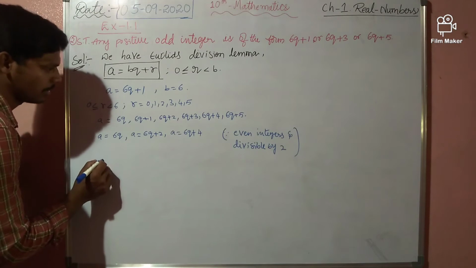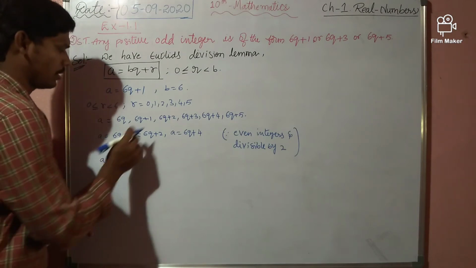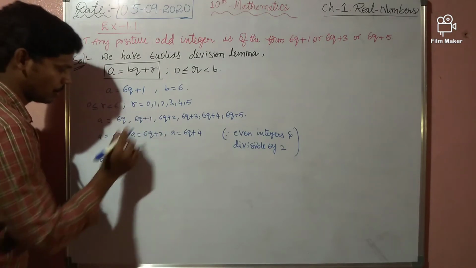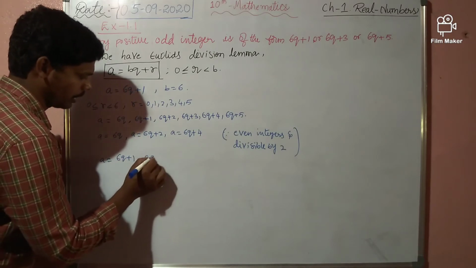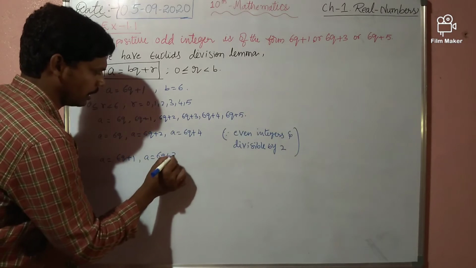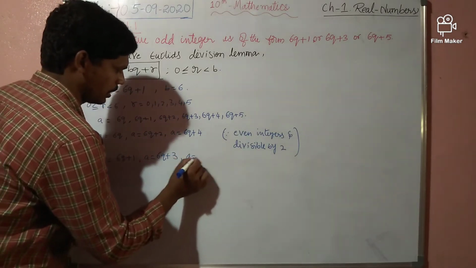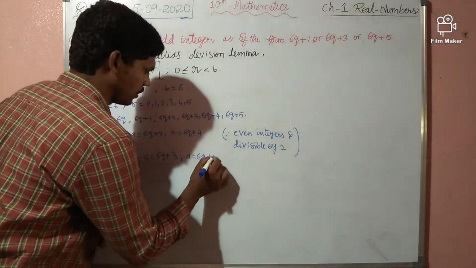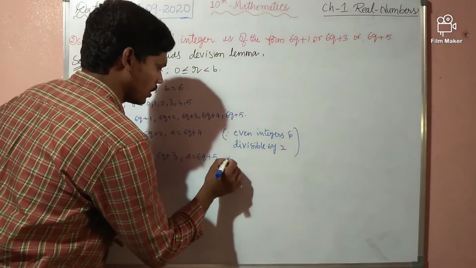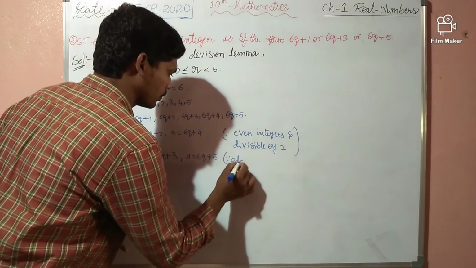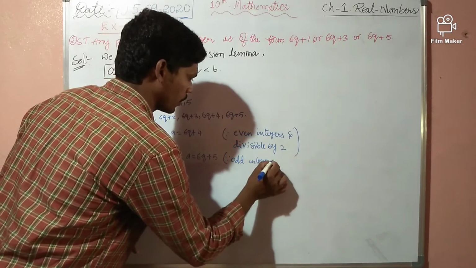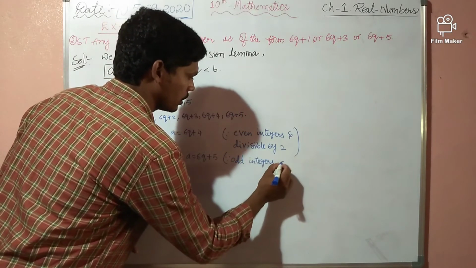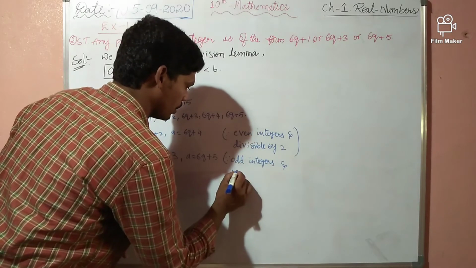Next set, a is equal to 6q plus 1, a is equal to 6q plus 3, or a is equal to 6q plus 5. These are odd integers, and not divisible by 2.